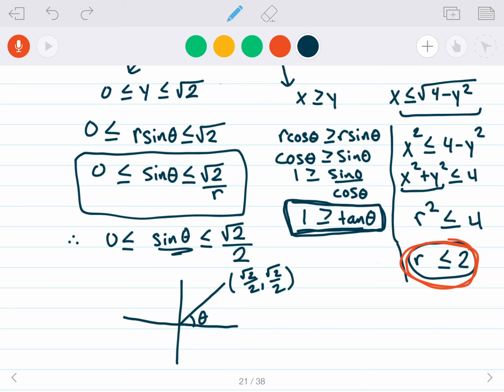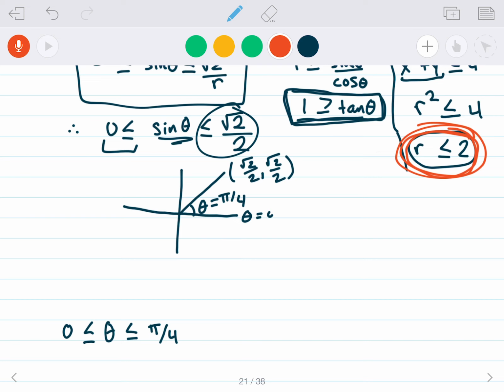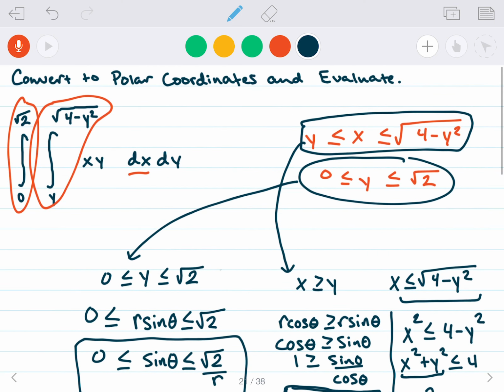And now we've exhausted all of the information that we were given. We have r is less than or equal to 2. So that means that, because r can't be negative, r is going to be between 0 and 2. So these are going to be our bounds for integration. And all that's left to do is put xy dx dy in polar.